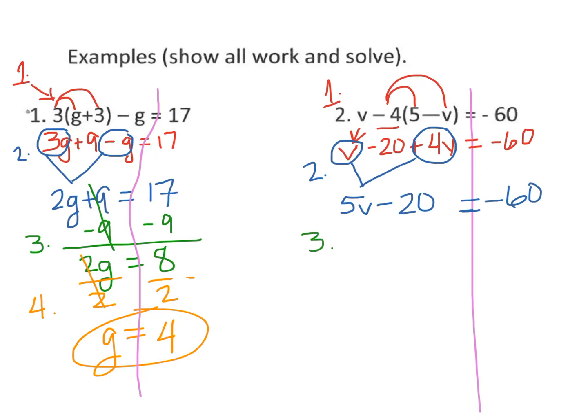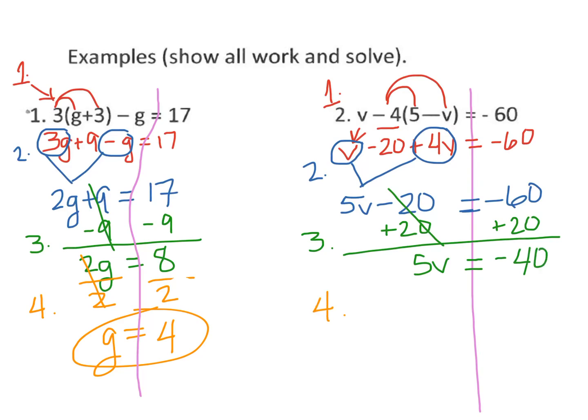Step 3, move away the constant term. So instead of -20, I'm going to add 20 to both sides. -20 and +20 cancel. Bring down the equal sign. And then -60 plus 20 is going to give me -40.